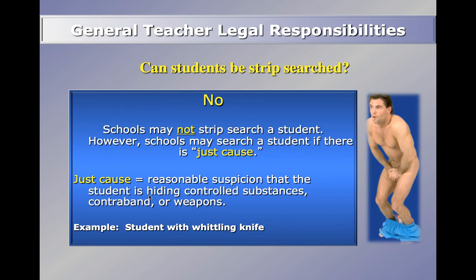And almost always now the policy requires that the police officer located at that secondary school will do the search. And there has to be a reasonable suspicion that the student is hiding contraband or weapons, and typically it's a pat down. They're never going to be taking off clothes, but you can pat down a student. You will never do that as a teacher. That will be done usually by the principal or the resource officer.